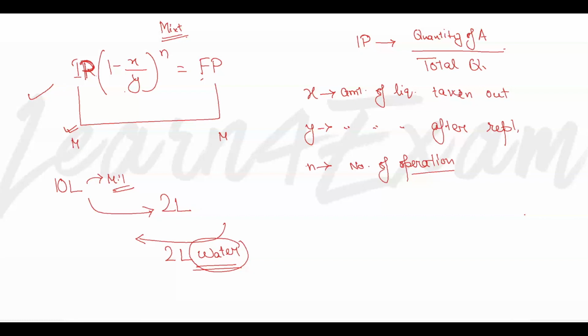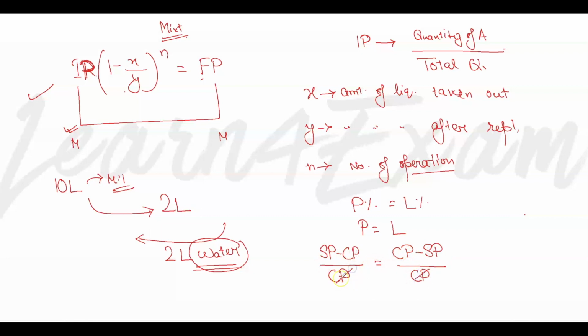Next, when I'm talking about profit and loss, so what do I have here? When the profit percent is equal to the loss percent, we know that the profit is equal to loss, right? And if profit percent is equal to loss percent and profit is equal to loss, what does that mean? That means (selling price minus cost price) upon cost price is equal to (cost price minus selling price) upon cost price.